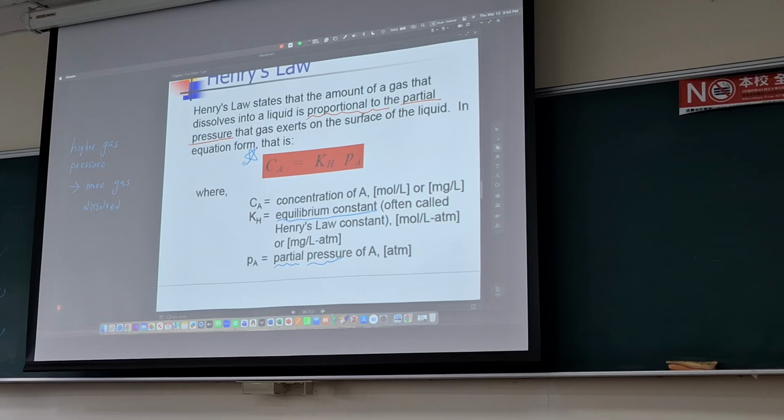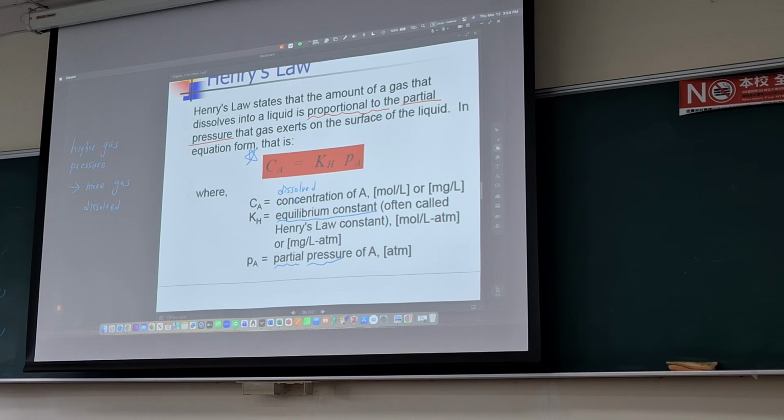Okay? So actually, I want to put one word here. The Ca actually is dissolved concentrations. I want to put this word, may you understand this better. Okay, this is how much gas is actually dissolved in the waters.